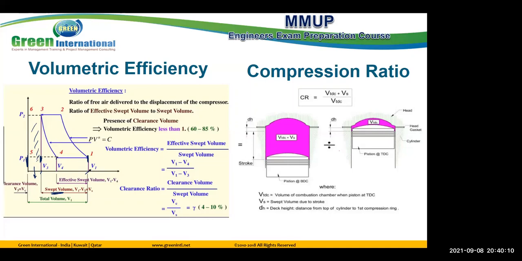Volumetric efficiency is the effective swept volume to the swept volume. The clearance ratio is the clearance volume to the swept volume. Last thing here, compression ratio, which is defined for the reciprocating compressor like this. This is the clearance, the volume at top dead center.